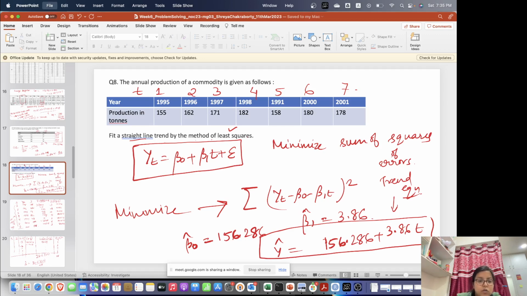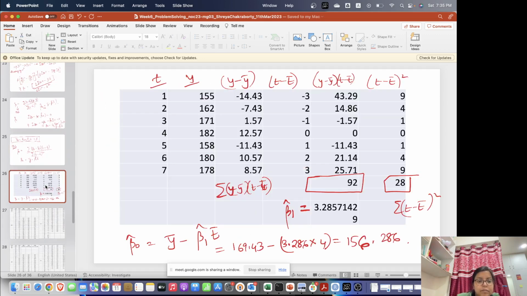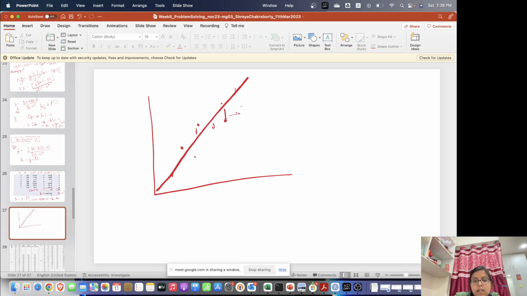What we are doing essentially here is that we have a set of data points, one like this. We are trying to fit a linear line such that these vertical distances are minimized.